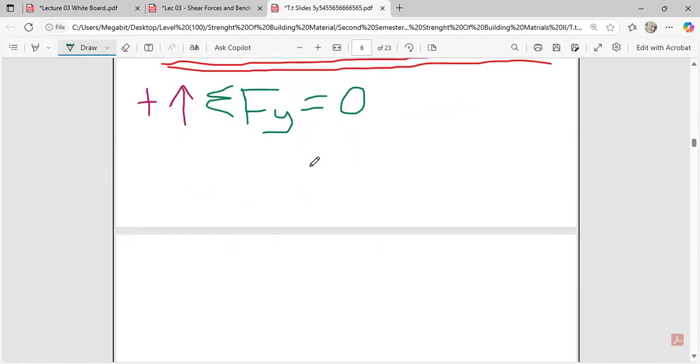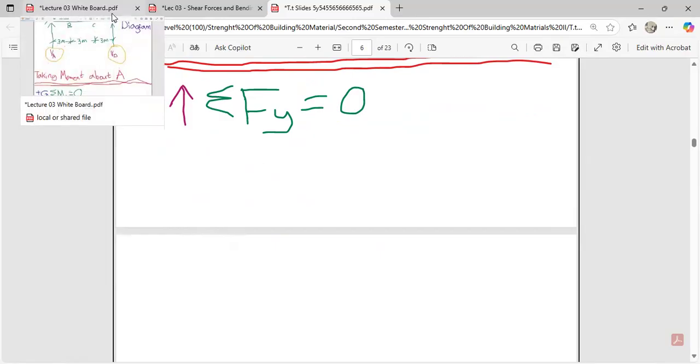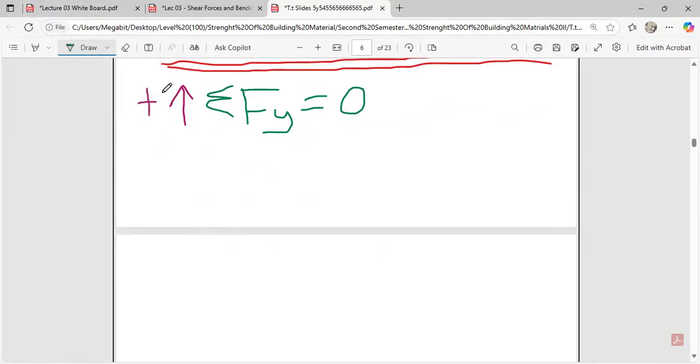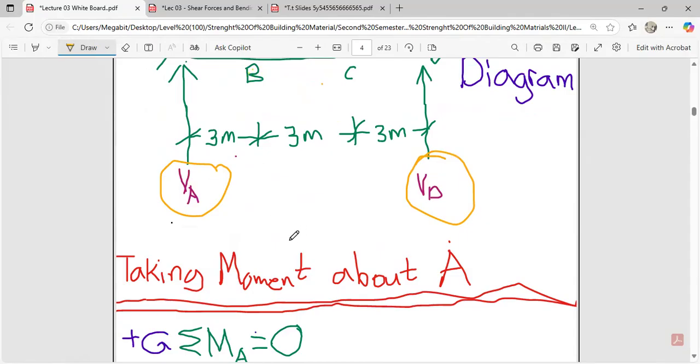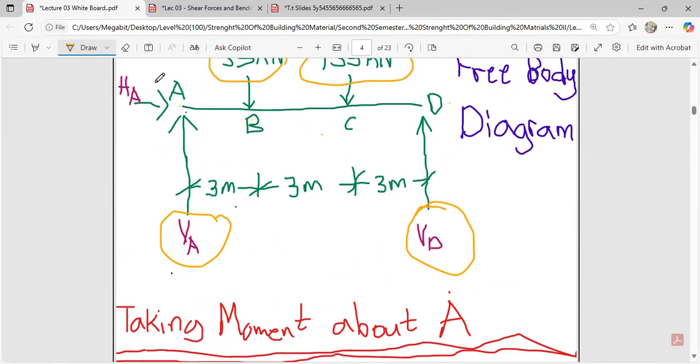Okay, so if that is the case, what else can we note? All those forces that are moving in the y-axis, we will bring them and classify them. The first one is VA, and it is moving upward, so it's positive.